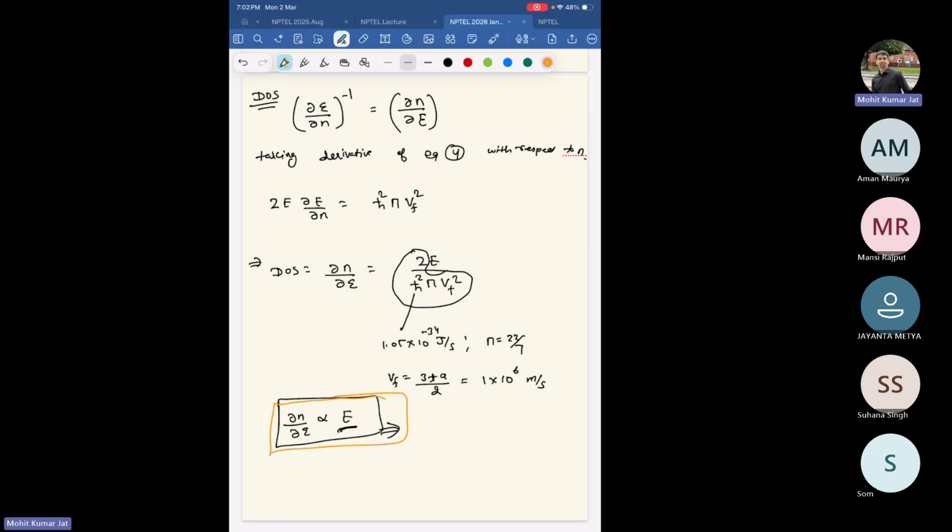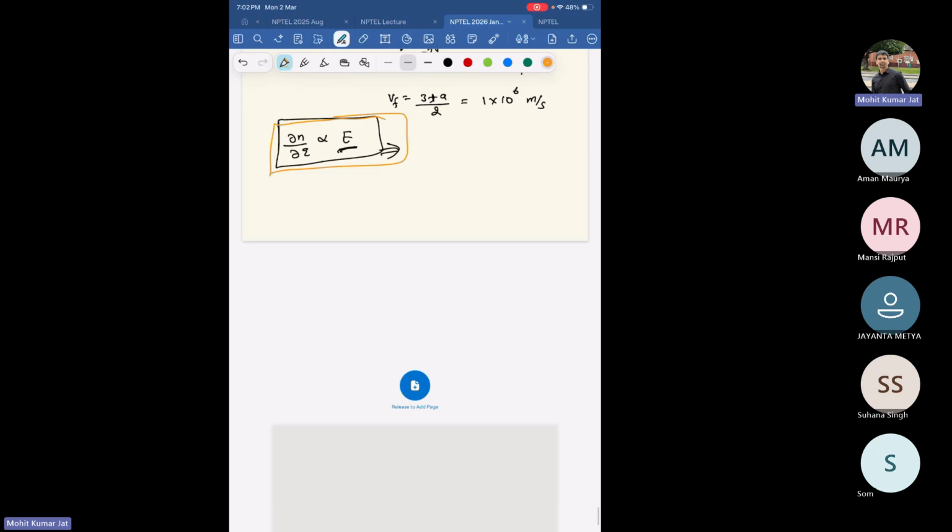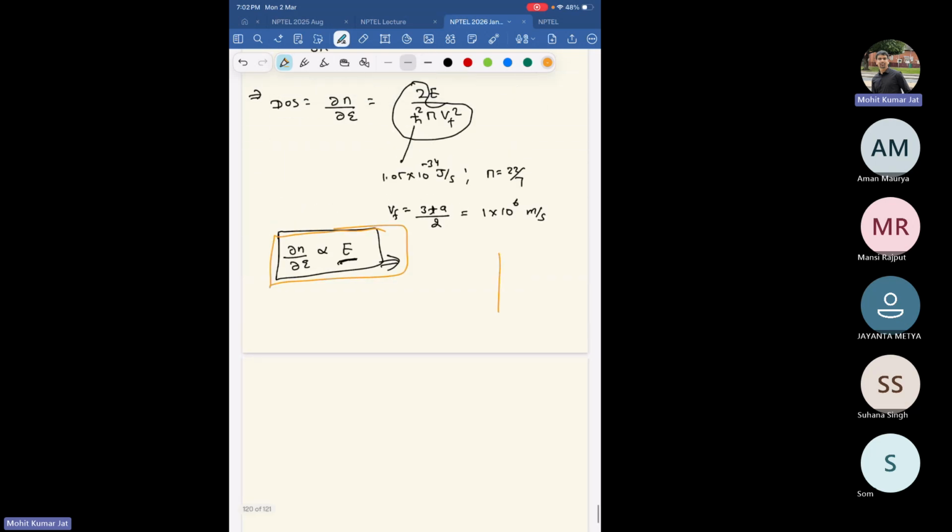Is there any doubt or question on this problem? So in 2D also, the graphene density of state increases linearly with the energy. If I draw the density of state versus energy, it will go like this on both sides, negative and positive side.